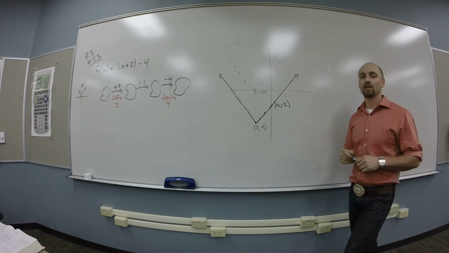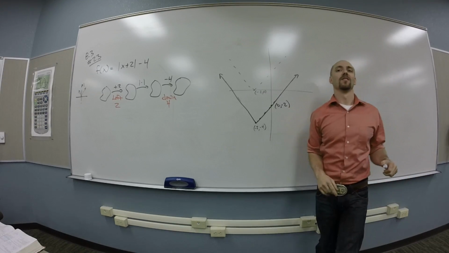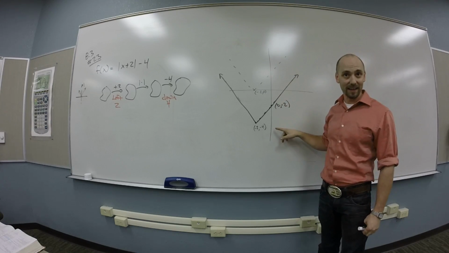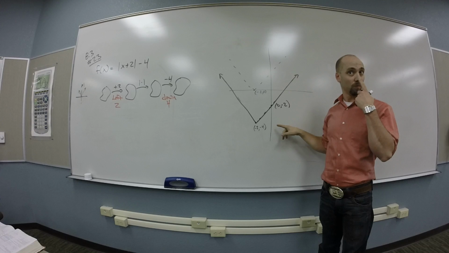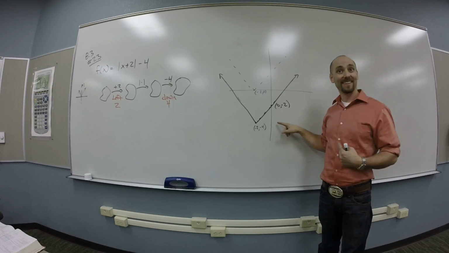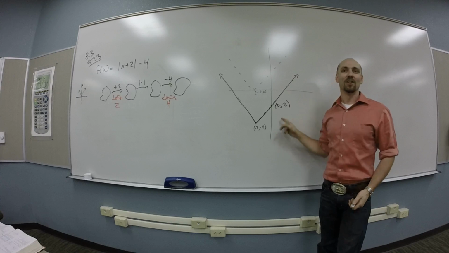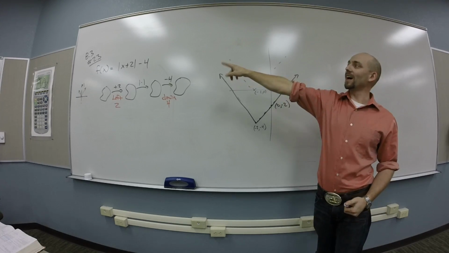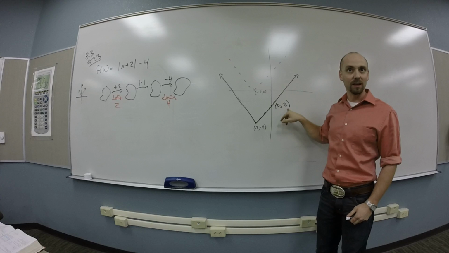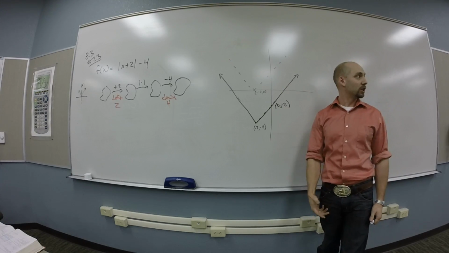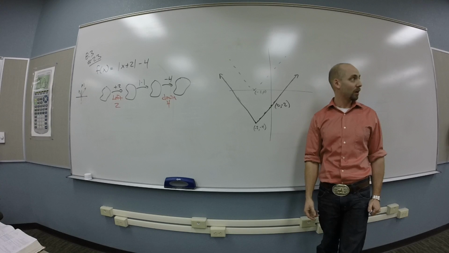Also because the absolute value of x plus 2 minus 4 at 0: I plug 0 in there, I find out that the absolute value of 2 minus 4 is in fact -2. So I'm pretty sure that now I've put this thing in the right spot.